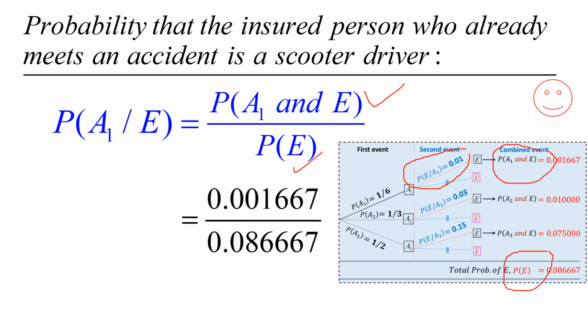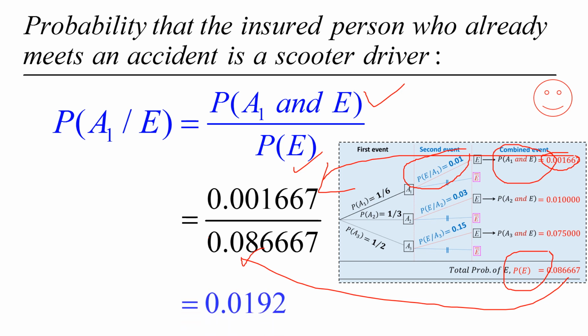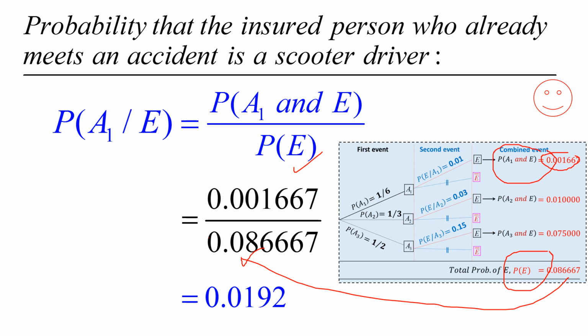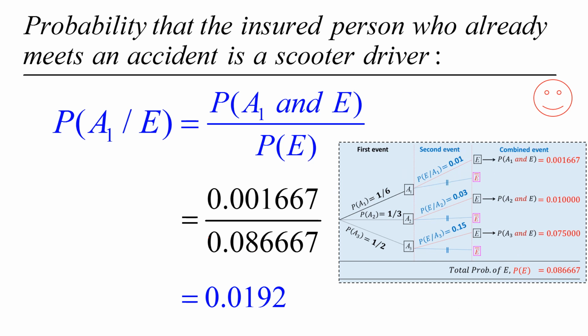So here we write 0.0167, and then here we write 0.8667, and then the answer comes to 0.0192. I think you must have understood, and this is the first method.